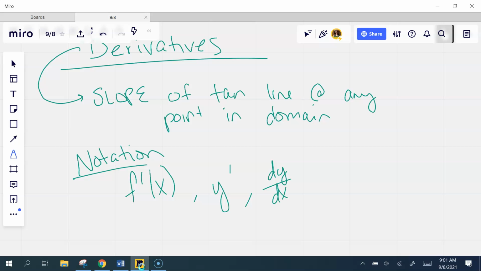You will see that a lot. That's if I'm using y equals, I would use dy dx. That's probably the most common notation. Or df dx if I defined my function as f equals. The d means the derivative of f with respect to x.